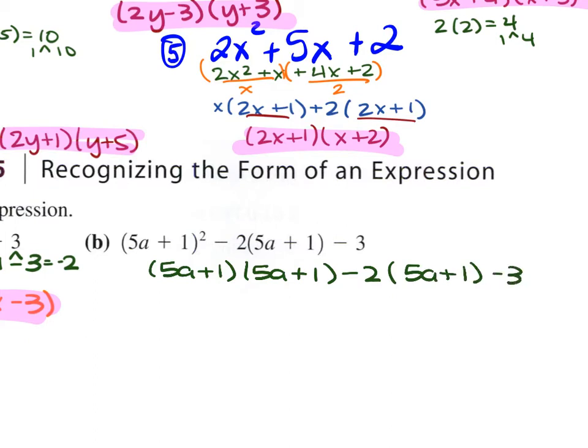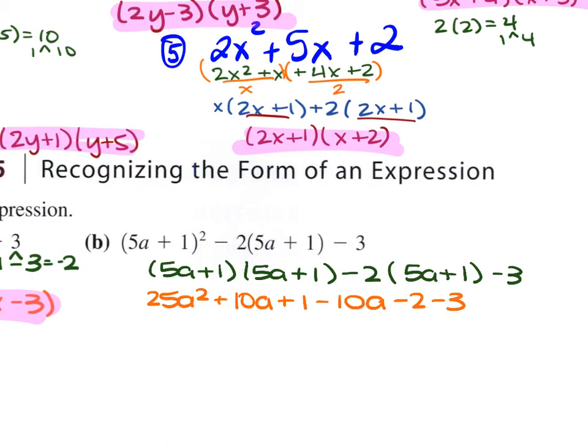We can FOIL the front and distribute the negative 2 and combine like terms with the back. If we did that, we would have 25a squared plus 2 times 5a times 1, which is 10a, plus 1, minus 10a, minus 2, minus 3.